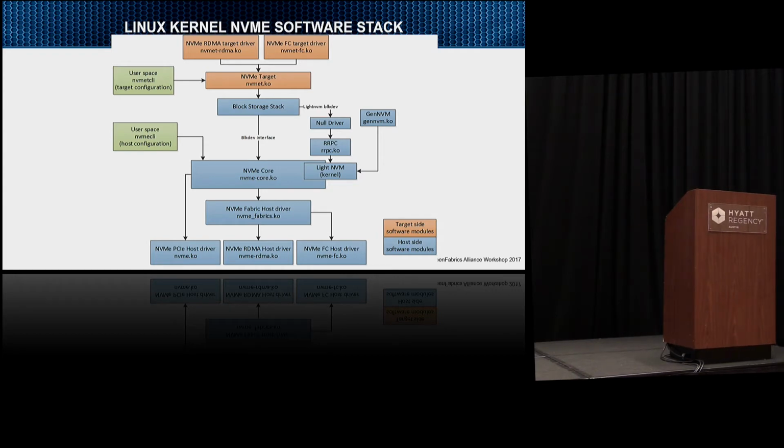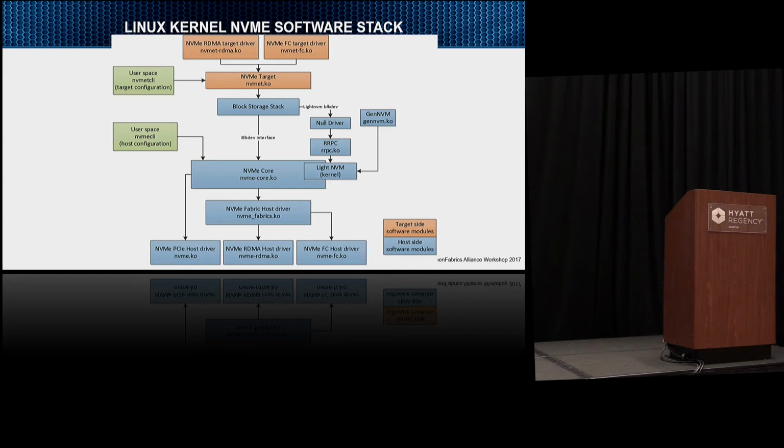So let's start from the top. You have an RDMA target driver, which is just a generic target driver. Any new transport can be supported. And on top of that, we have the RDMA target driver or an FC target driver. They both link to the common driver. And the common driver talks to the block storage stack, which is an important thing to notice.